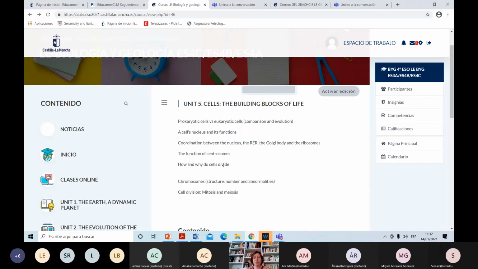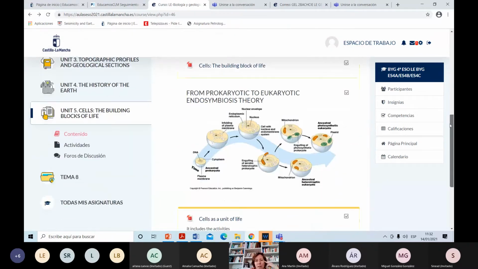These 5 sections, prokaryotic cells versus eukaryotic cells, the comparison and the evolution, are all in Unit 1. Remember that evolution was represented by this picture, the evolution from prokaryotic to eukaryotic cells, the endosymbiosis theory that Lynn Margulis proposed.